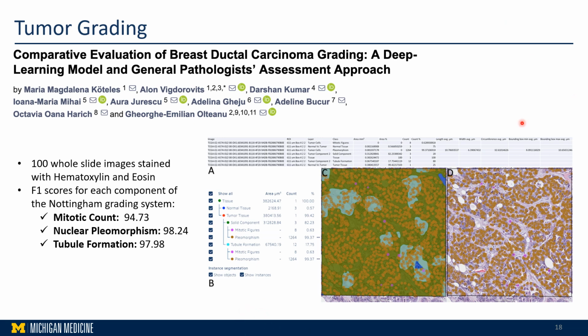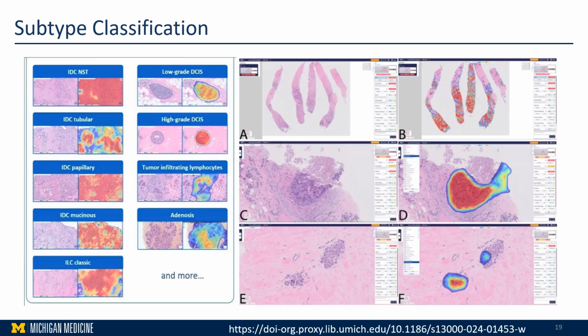And this diagram shows you the summary of the whole slide image analyzed by the AI module, as well as the heat map detection of the AI module for all layers, as well as the detection of the pleomorphism and the mitoses.